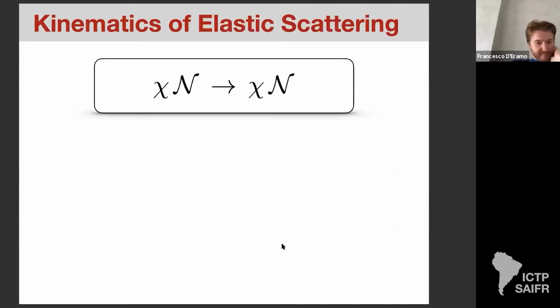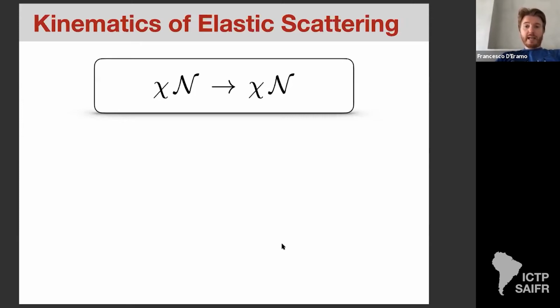Okay, so now let's try to be quantitative. So the kinematics of elastic scattering is really simple because it's non-relativistic kinematics. So it's something that you could have solved in the first year of university or even in high school, okay? It's just conservation of energy and momentum for a non-relativistic system with very simple relations. So I gave you two homeworks, one for the kinematics and one for the calculation of the rate.